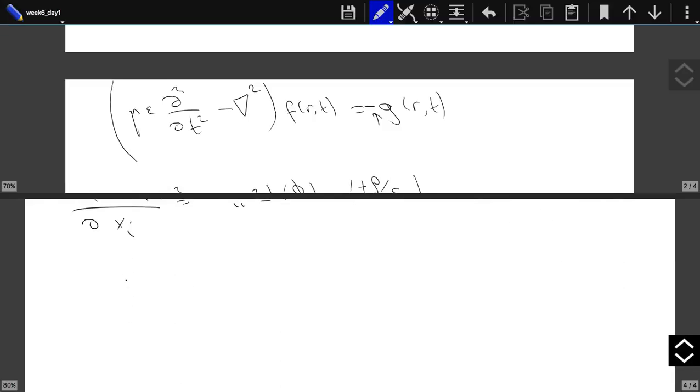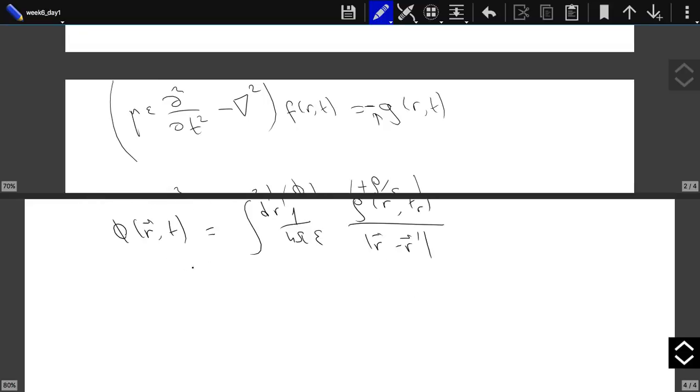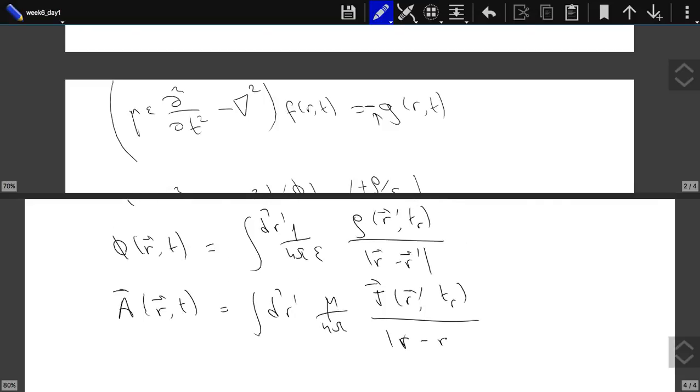So that tells me that phi at the point r and at the time t is equal to 1 over 4 pi epsilon, integral d cubed r prime, rho of r prime at the retarded time divided by r minus r prime, and A is equal to the integral d cubed r prime, mu over 4 pi times J of r prime at the retarded time divided by r minus r prime.